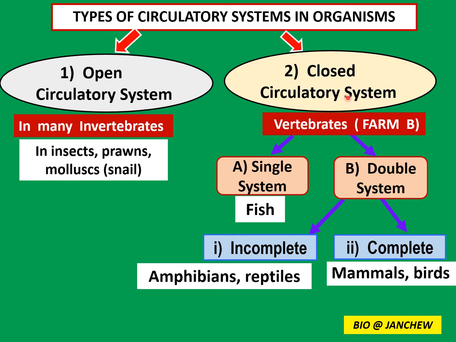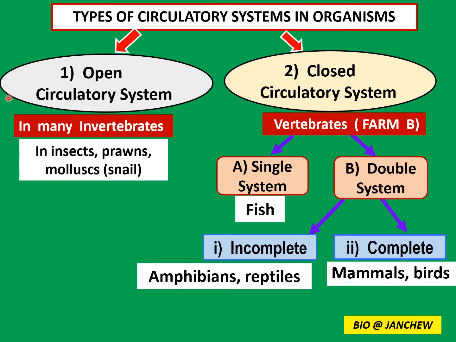Now, the closed circulatory system is further divided into the single circulatory system found in fish and the double circulatory system found in the other vertebrates. So the double circulatory system is divided into the double incomplete circulatory system found in amphibians and reptiles, and the double complete circulatory system found in mammals and birds.